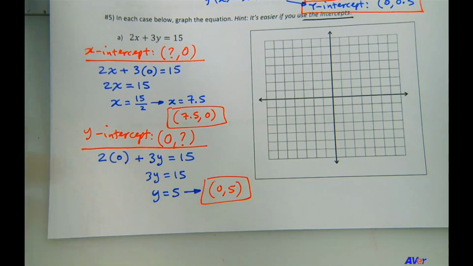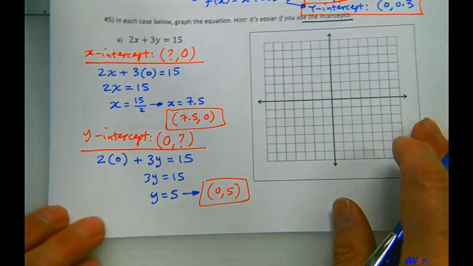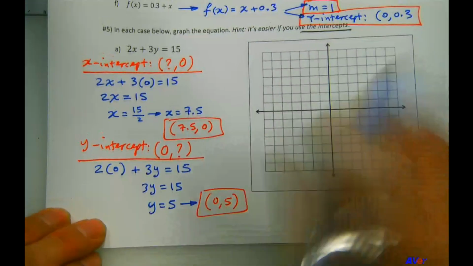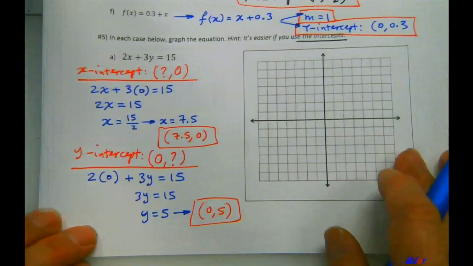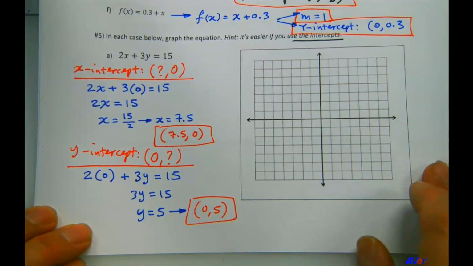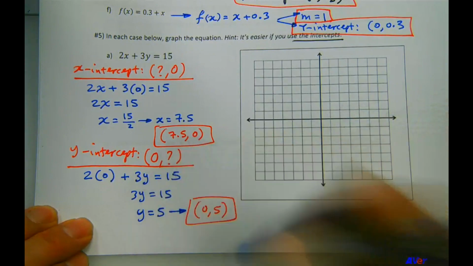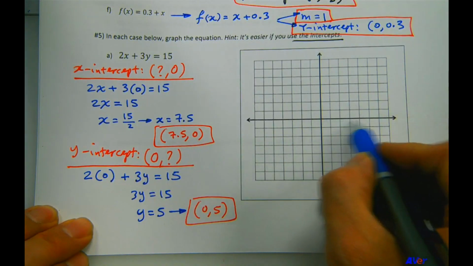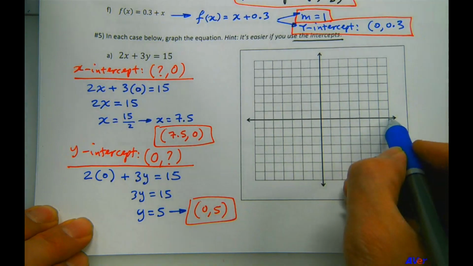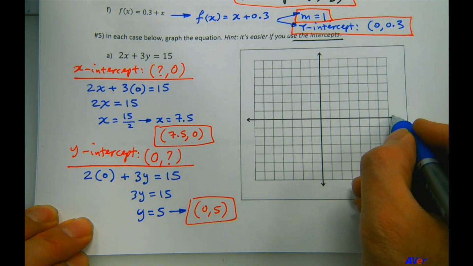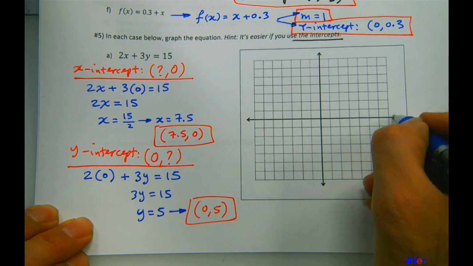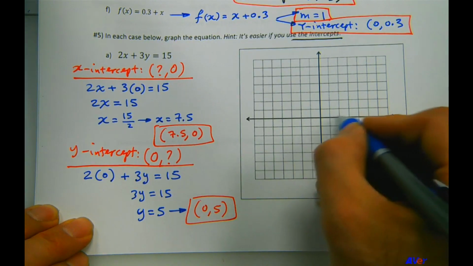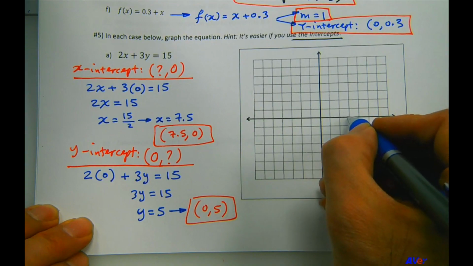Okay, so let's plot these 2 points and draw a straight line right through them. This graph area leaves it up to us to increment this, and these are nice easy numbers. So maybe I can do 1, 2, 3, 4, 5, 6, 7, and then 7.5 would be somewhere there. Yeah, let me do that. So each of these boxes is 1 increment.